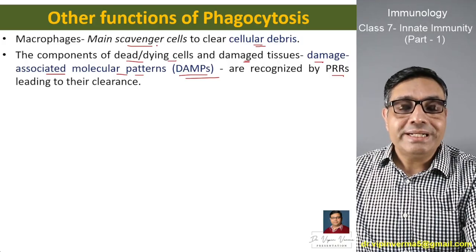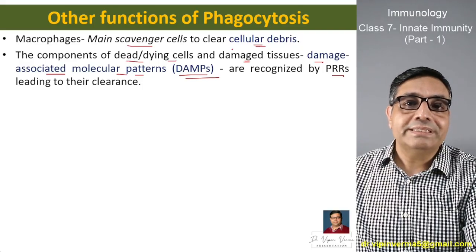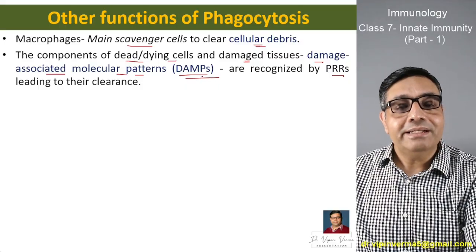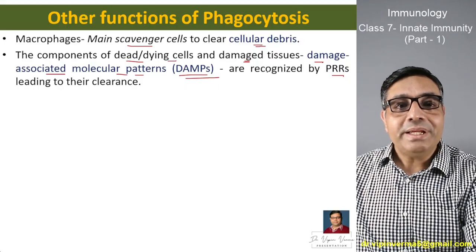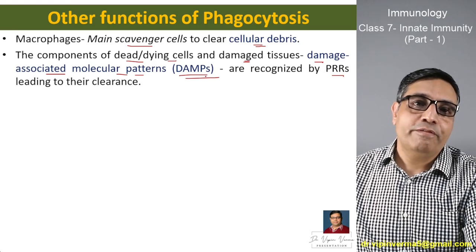But the important point here is that the components of the cellular debris, which we call the DAMPs, should bind to the PRRs of the macrophages in order to activate the macrophages.